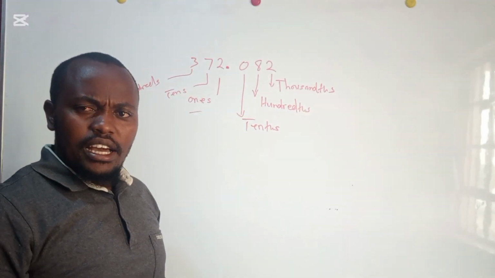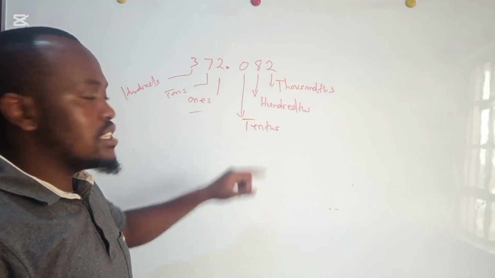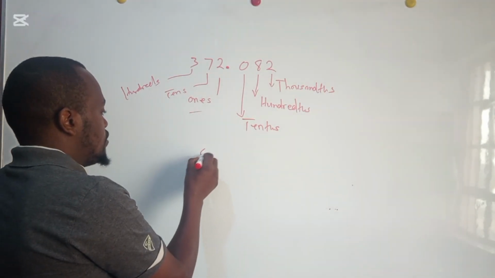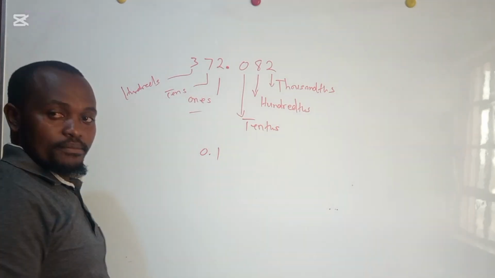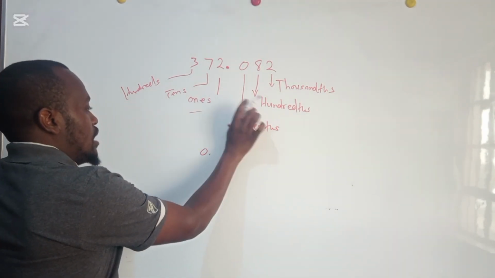By the way, have you ever asked yourself, why do we start with tens instead of ones? Let's do an example. If you have 0.1, let me use another number.